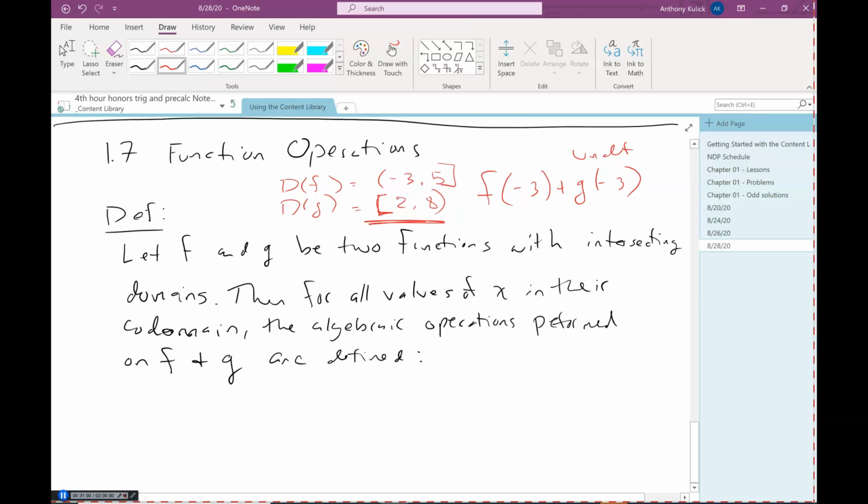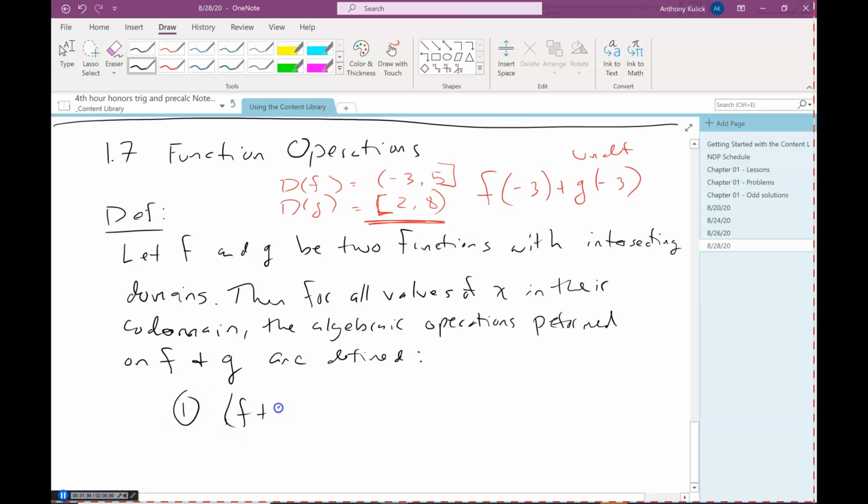And if you add something to undefined, what do you get? Still undefined, right? Undefined is like the killer. It just makes everything else undefined when you run into something like that. So this condition that f and g have intersecting domains just makes it possible to even do a function operation without getting undefined as your answer. That's all that condition is there for. Is everybody okay with that idea? Okay.